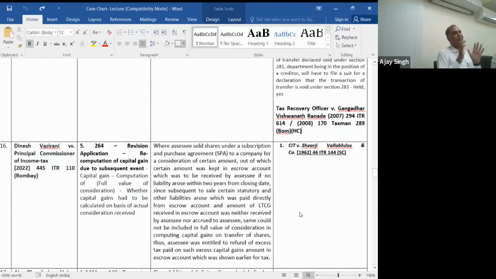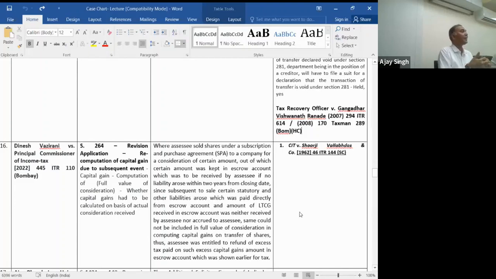It is something like that in the simple words that as on 31st March when the transaction took place, at that time on the face of it, it has accrued. But there are certain things and certain conditions which that accrual will always be subject to. But that event, that condition has happened after 31st March. And because of that, the accrual which we had seen originally as on 31st March has changed its colors when the event actually has taken place.